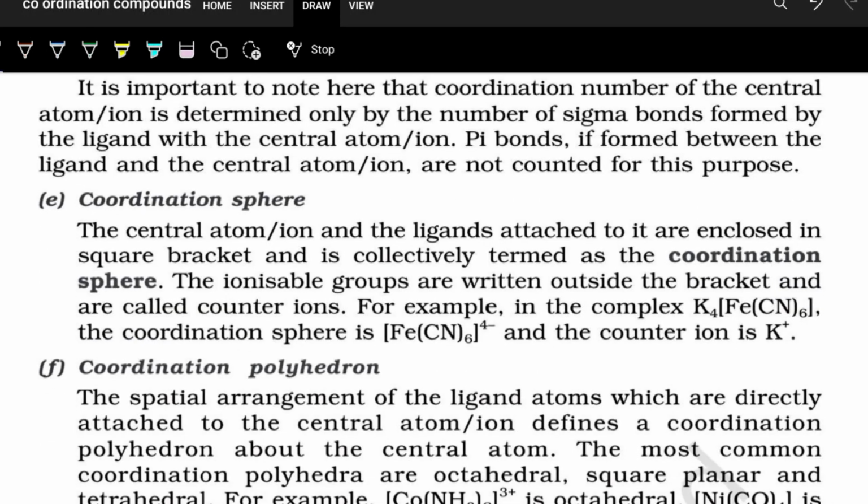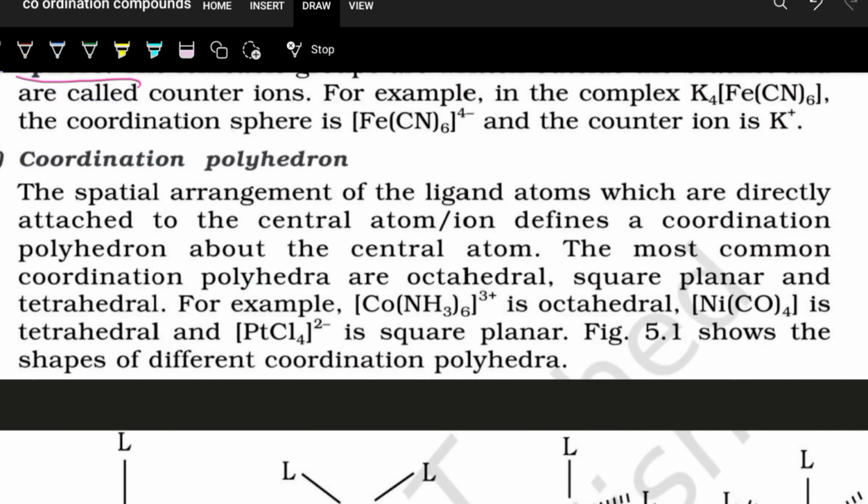Now the coordination sphere, what it is: the non-ionizable part which is given in the square bracket is known as the coordination sphere that we have already discussed. It's also known as the coordination polyhedra. When you talk about three-dimensional arrangement of the atoms or groups of atoms in space around the central metal atom or ion, then it is coordination polyhedra.